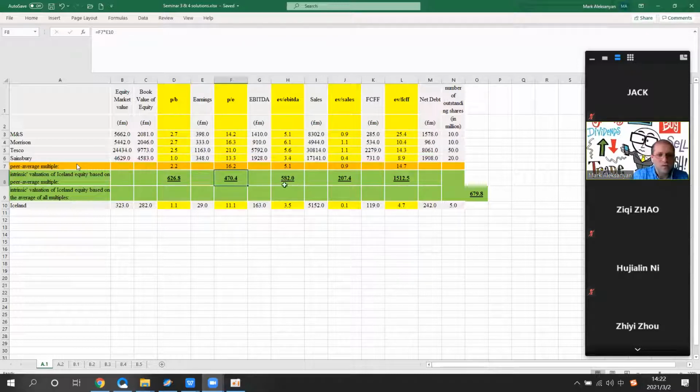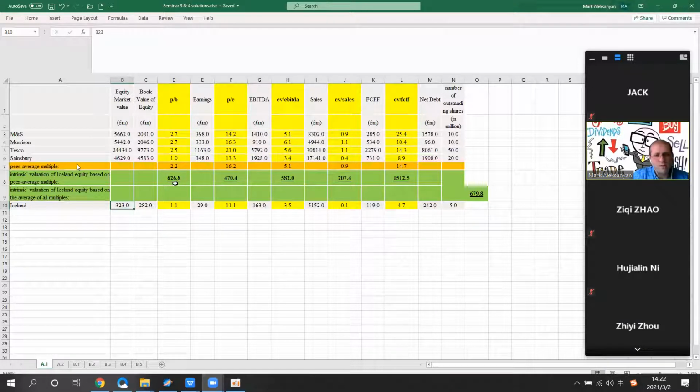And EV to EBITDA, again, same. I mean, these three numbers are greater than 323. And also the last number, EV to free cash flow, is much, much greater than the current price, or current equity value, or the market cap as on the day of the valuation.